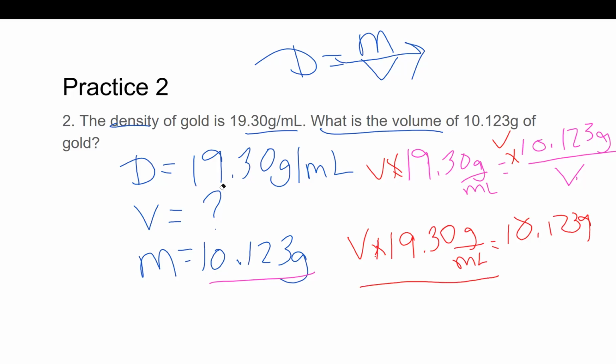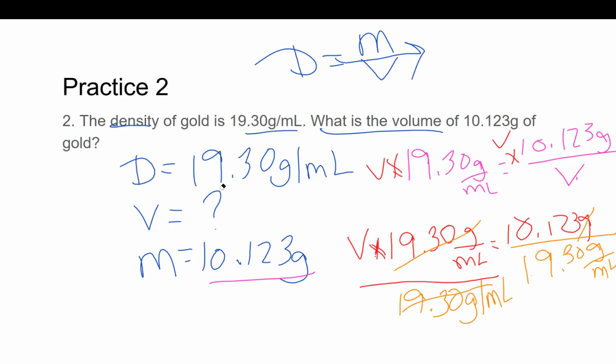Well, right here, we're multiplying by 19.30 grams per mil. So now, to get volume by itself, we're going to divide by 19.30 grams per mil. And that's going to cancel that out on this side. Here, we have to do the same thing. If you scratch the left, you have to scratch the right. So we divide it by 19.30 grams over mils.